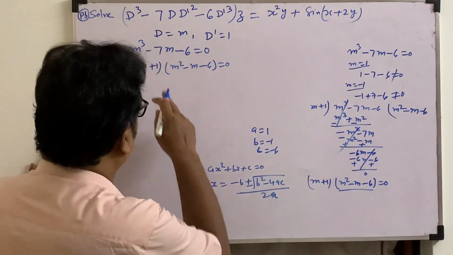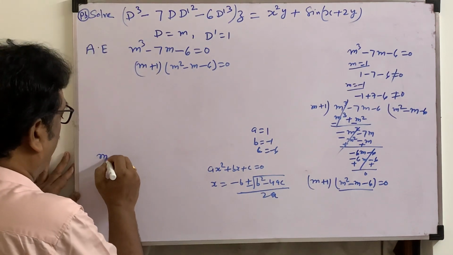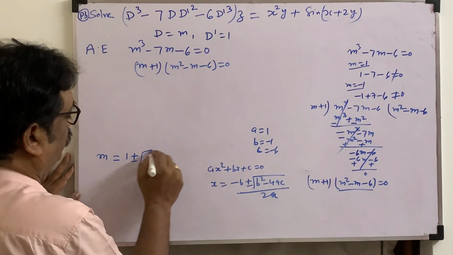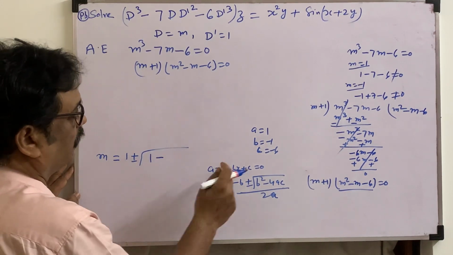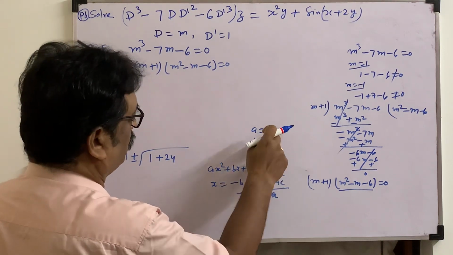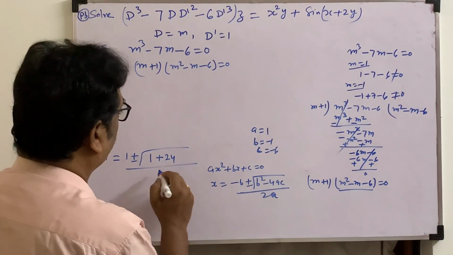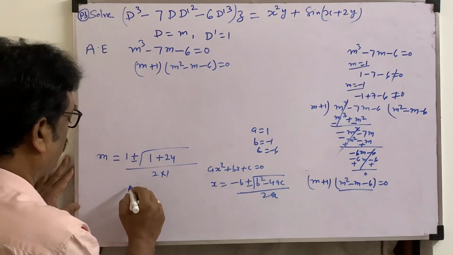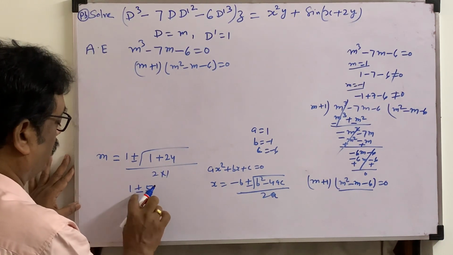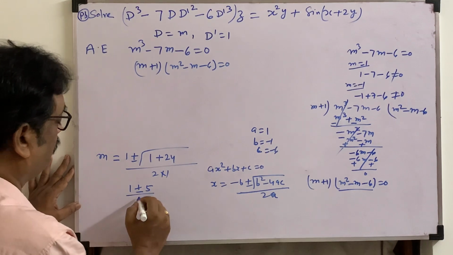So for our equation, m equals minus b, so 1, plus or minus root of b square, 1, minus 4ac, which is 24, whole divided by 2 into 1. So what is coming? 1 plus or minus 5, since the square root of 25 is 5, by 2.